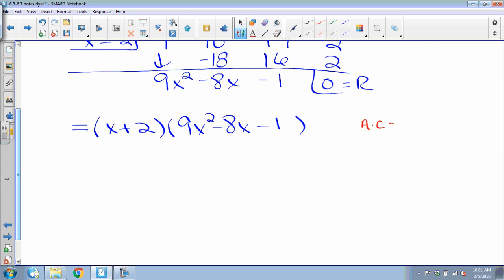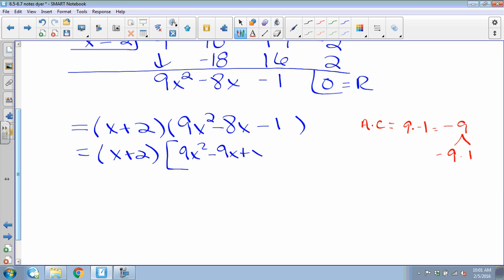A times C is 9 times negative 1, which is negative 9. My two factors are negative 9 and 1. So that's 9x squared minus 9x plus x minus 1. And then we group.